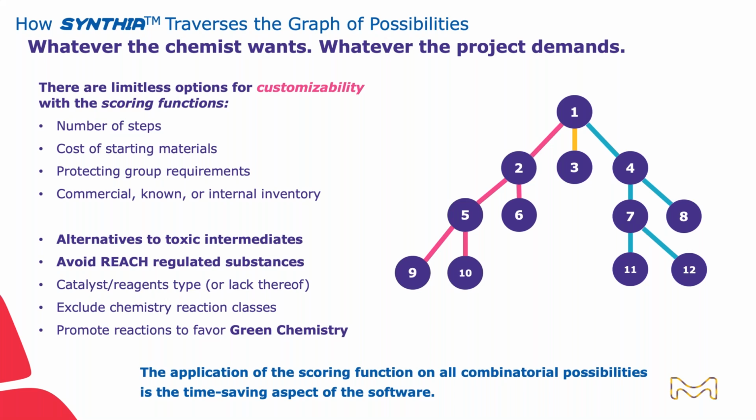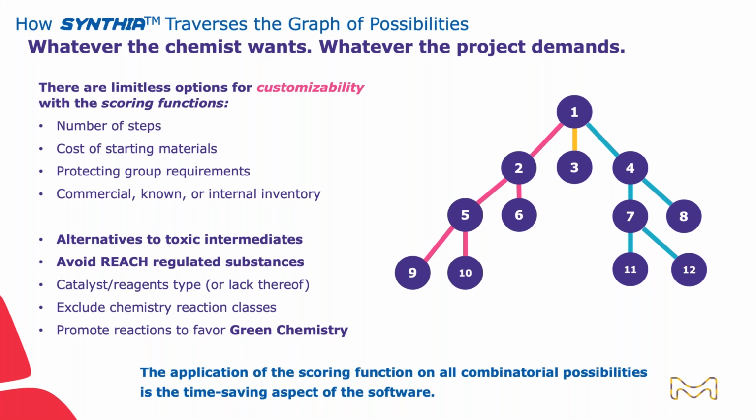It can take into account the cost of starting materials, and you can set limits for that. It can also direct toward more protecting-group-free synthesis if you're looking for that, or if you don't mind using protecting groups. And you can define what you want to use as your starting materials, whether you just want commercial compounds or known compounds. You can also add your own internal inventory and have those as stopping points in Synthia as well.